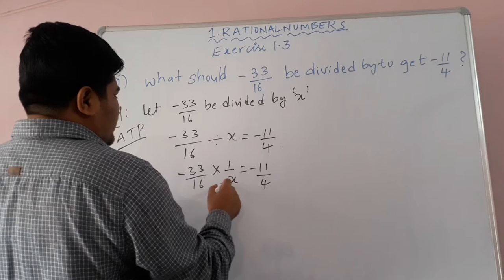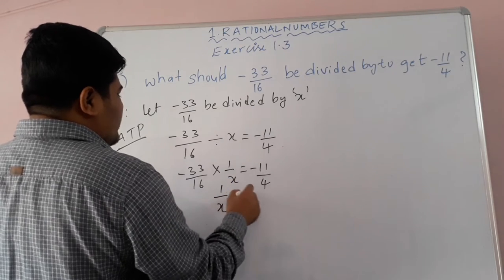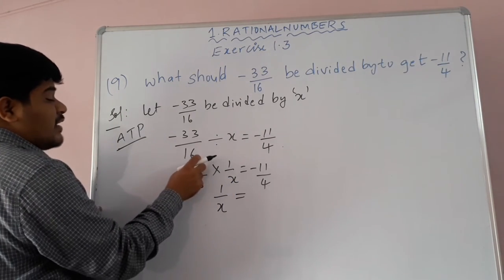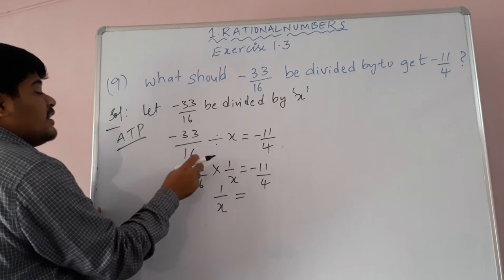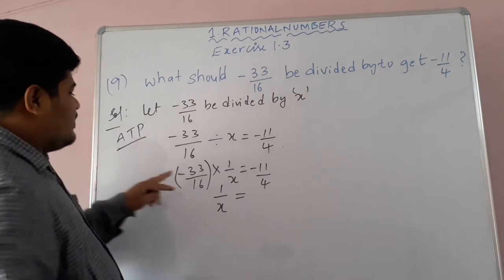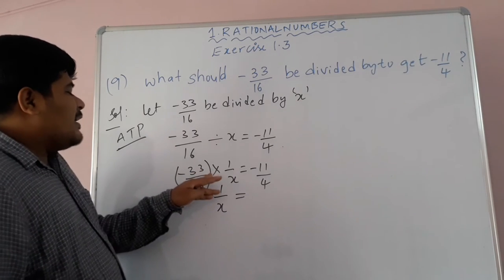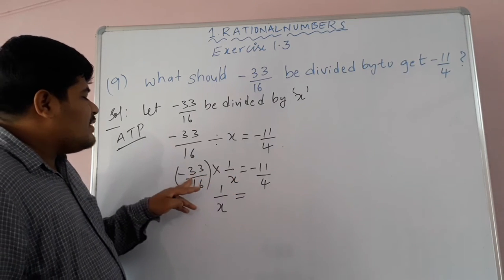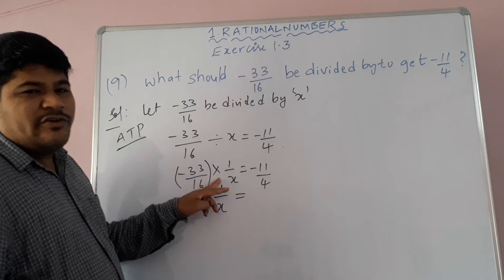Or else children, you can also do it like this. 1/x is equal to, transposing minus 33/16 to the right hand side. Between x and minus 33/16 there is a multiplication sign.